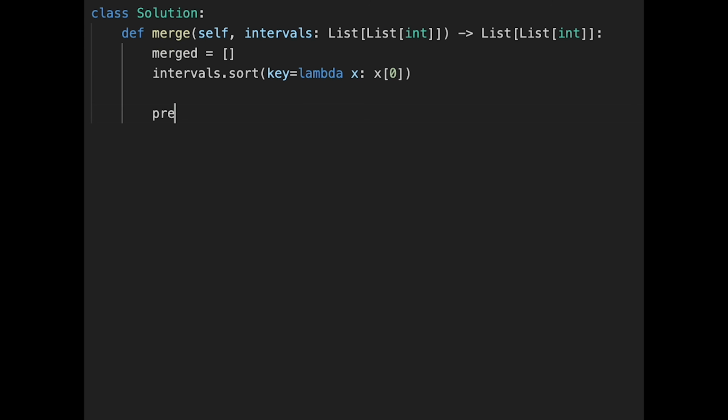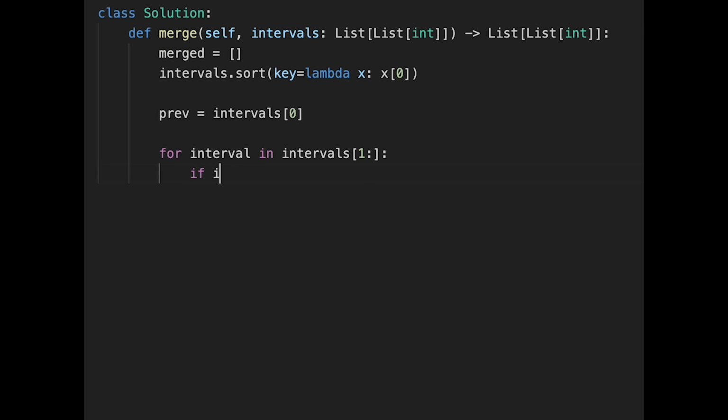After that, create a prev variable initialized with the first interval, intervals index 0. Then iterate from the second interval: for interval in intervals, starting from index 1 to the last.